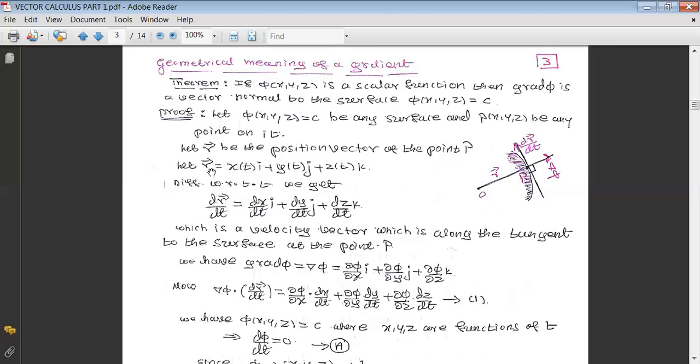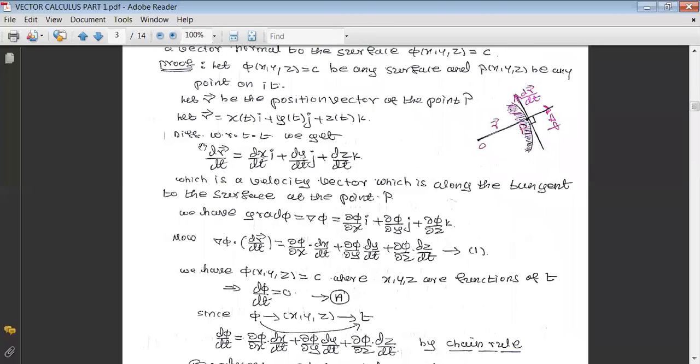When we differentiate this r bar with respect to t, we can write dr/dt equals dx/dt into i plus dy/dt into j plus dz/dt into k, because x, y, z are functions of t.